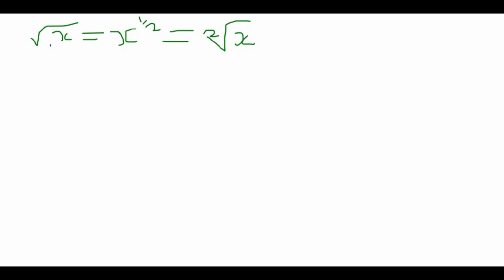Now this and this, they are the same thing. Some might choose to ignore the 2 while some might choose to add it. It's basically the same thing. But if we have x to the power of 1 over 3, this is equal to the third root of x.